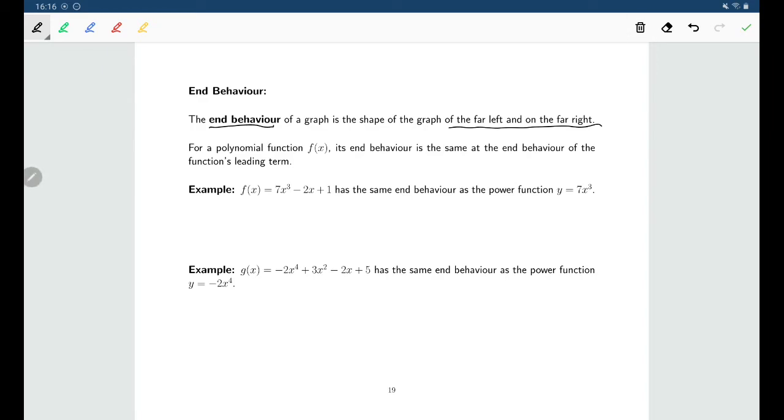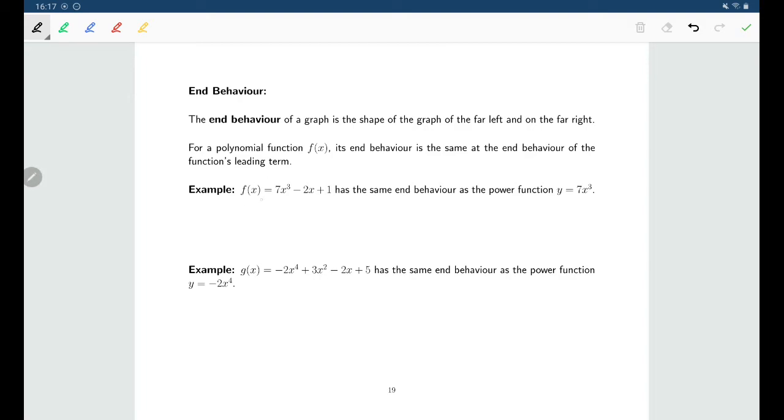And interestingly enough, this is where power functions come into play. If we look at the leading term for our polynomial and look at that as a power function, whatever the end behavior would be for that power function, that would be the same end behavior for your polynomial.